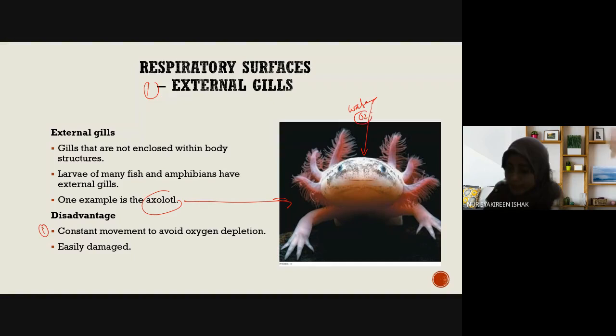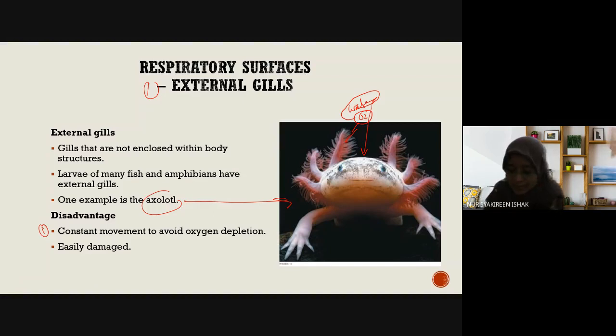In order for the oxygen to be extracted from the water, the water must constantly move past the gills. Okay, the movement of water past the gills will ensure oxygen is extracted from the water and enters into the blood capillaries within the lamella of the gills. But if there's no movement of water, oxygen cannot be extracted.